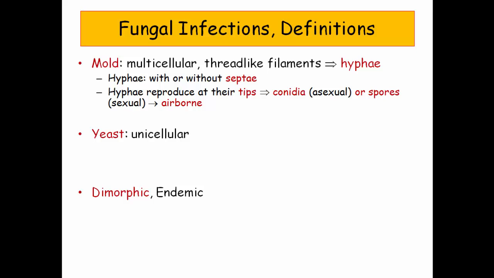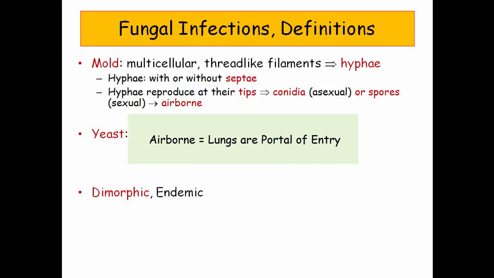To further clarify, the hyphae are described as either septated or not, and this becomes key language in distinguishing Aspergillus from Mucor. Hyphae reproduce at their tips by producing conidia or spores which cause disease by airborne transmission. Airborne implies we inhale these things, making the lungs the portal of entry for these infections.